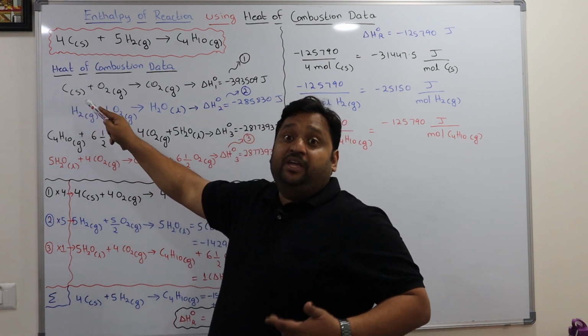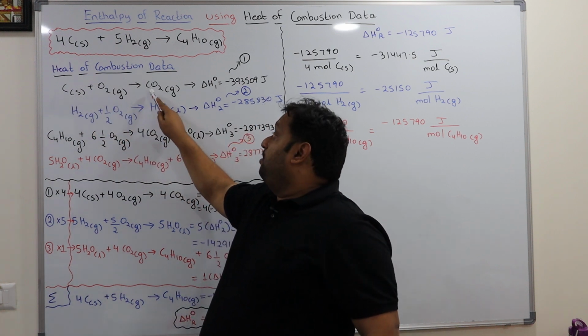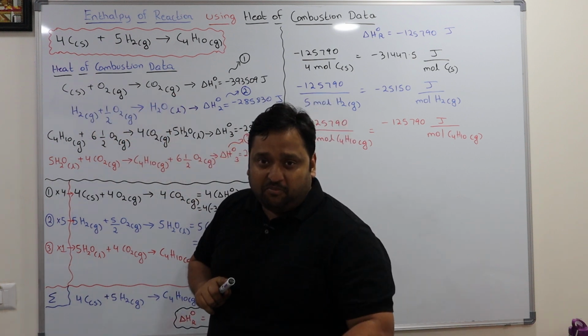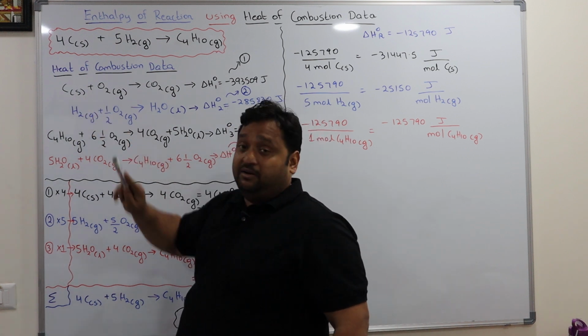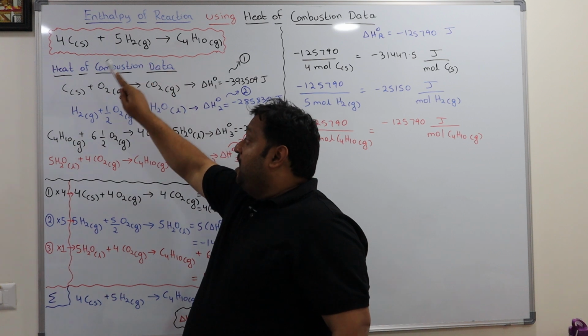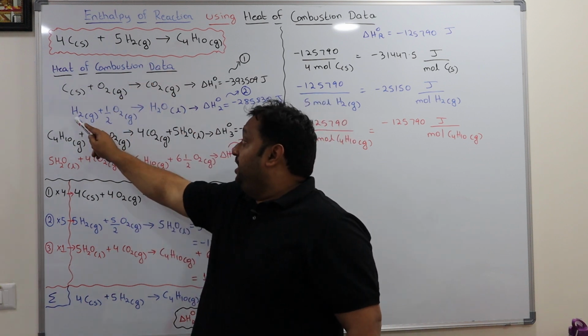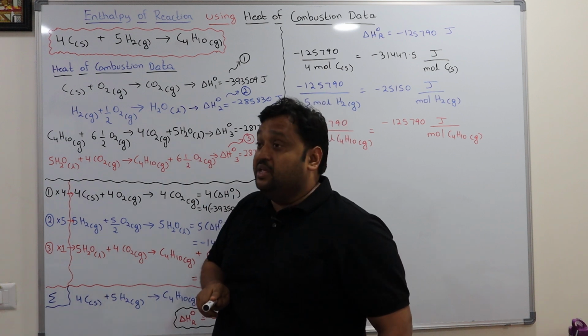I know from the heat of combustion data that carbon plus oxygen will react to form CO2. This is the first combustion reaction, with respect to carbon. The second element we require is hydrogen: how hydrogen reacts with oxygen to form water. This is the heat of combustion data of hydrogen.